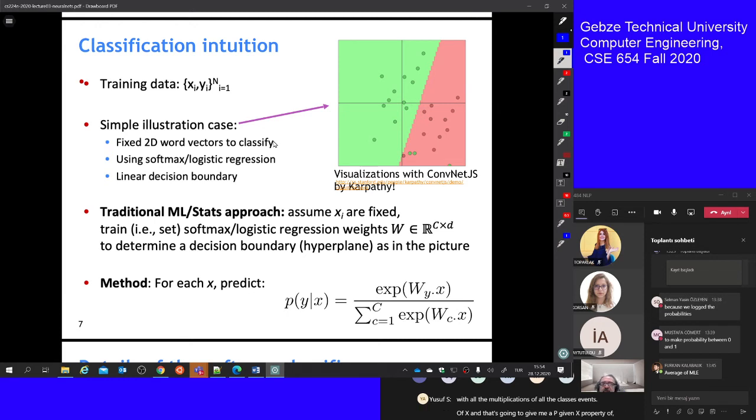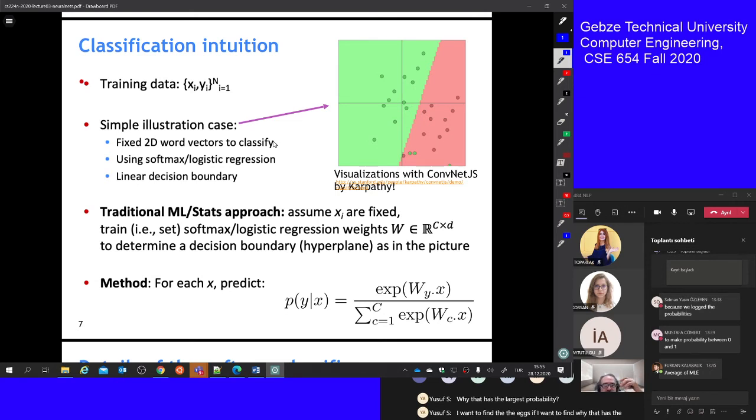So for each X, I am going to predict its probability and I am going to find the Y that has the largest probability.